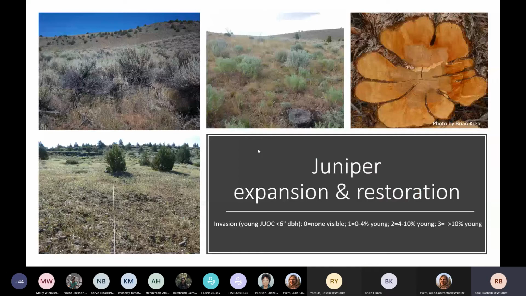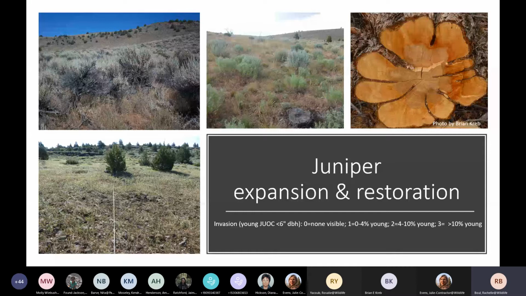So I'm sure I'm speaking to the choir here, and you mostly know this, but the range of Western juniper has expanded in the last 150 years due to fire suppression, overgrazing, and climate change. And this can impact grazing habitat for deer and livestock. So the juniper expansion attribute identifies polygons where young junipers have expanded into shrubby or herbaceous landscapes.